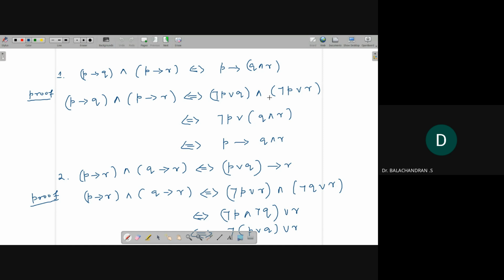So here you have negation P or Q, and here negation P or R. So here I am using distributive law.